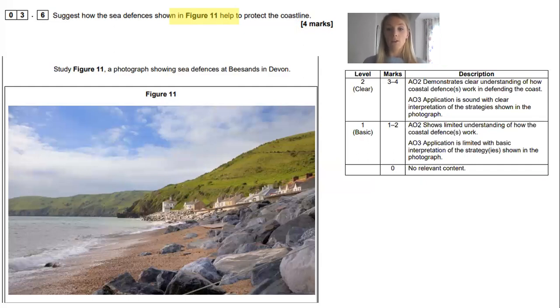You may not apply your knowledge to the coastline in the photograph, so you might mention an engineering strategy which isn't present in the photograph. To achieve 3 to 4 marks, you want to demonstrate a clear understanding of how they protect the coastline. You have clearly understood the question and what the examiner wants from you, you've written an appropriate response, and you have applied your knowledge to the settlement in the photograph.